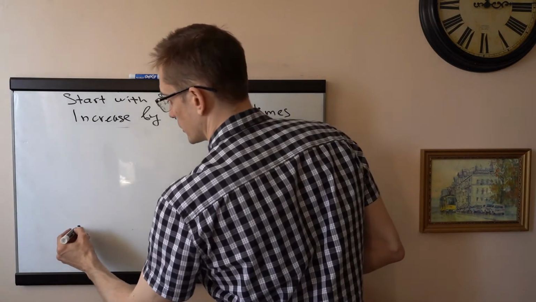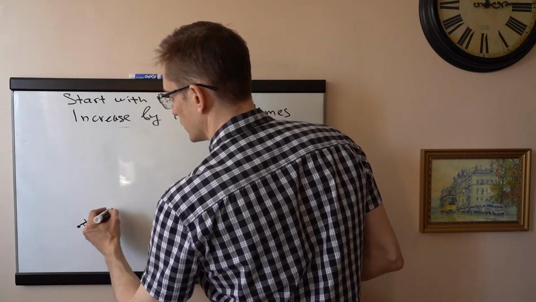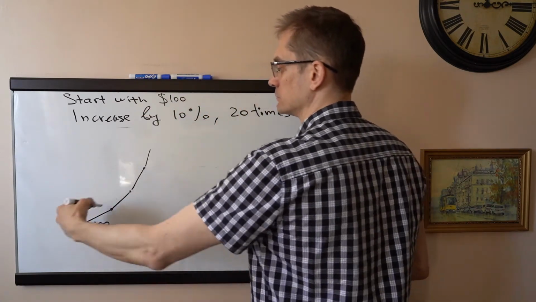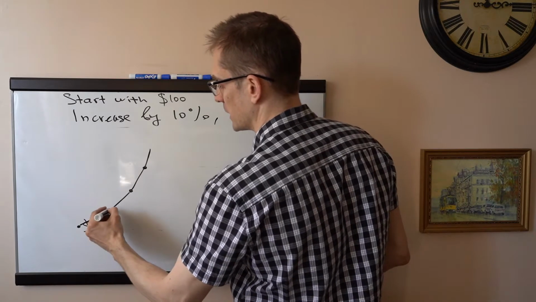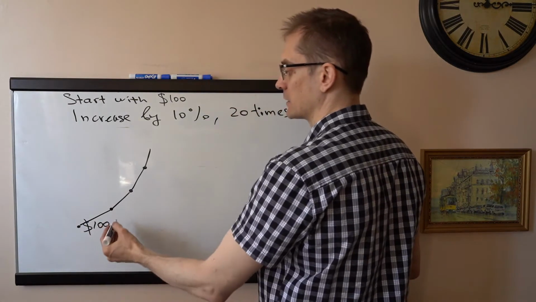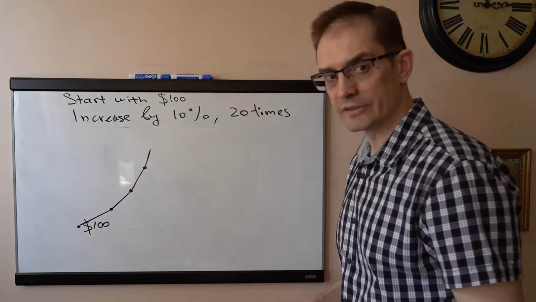So this process will look like this: you start with 100, then you increase, then you increase, then you increase. It will eventually be exponential growth, as we say, but you will realize that 100 will become 110, 110 will become 121, and so it will go 20 times, right?